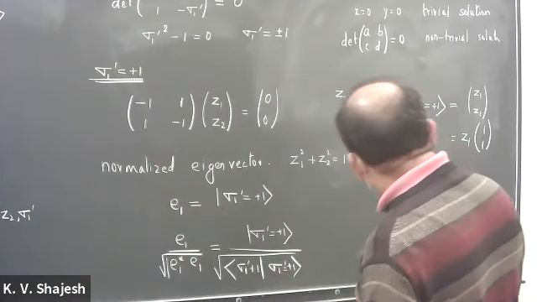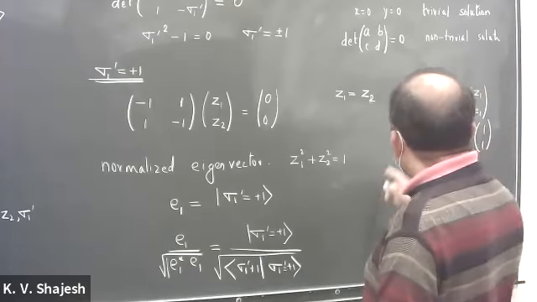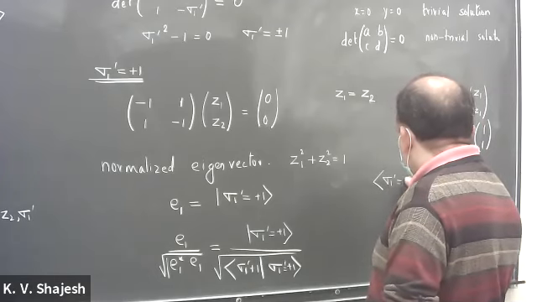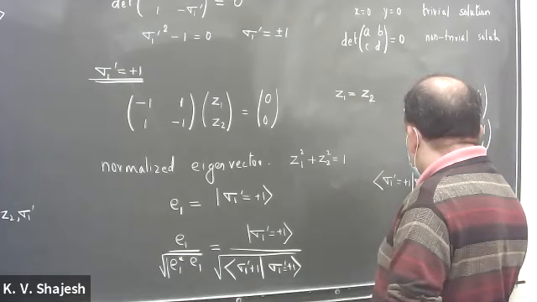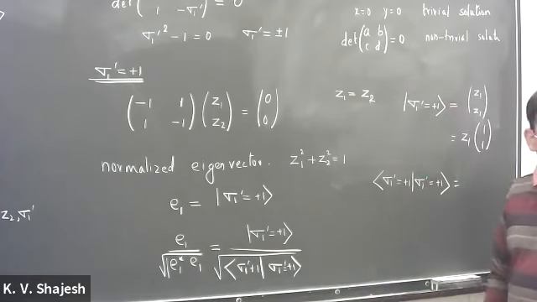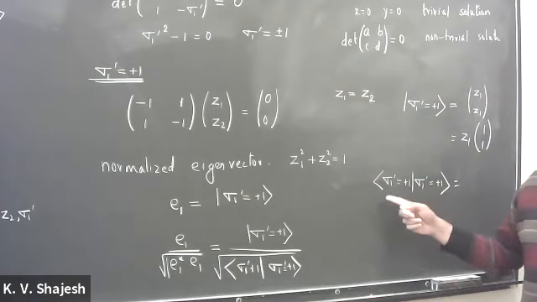So I have to divide it by the magnitude of this. What is the magnitude of this quantity? So this is sigma 1 prime equal to plus 1, and I have to multiply by its complex conjugate.